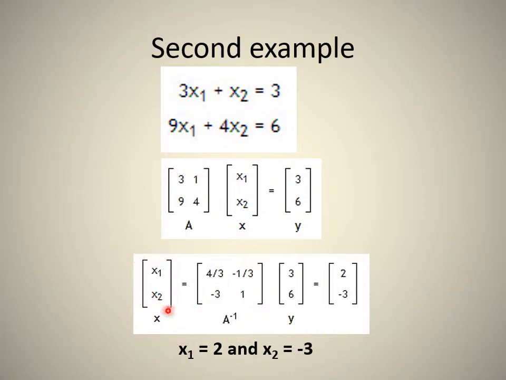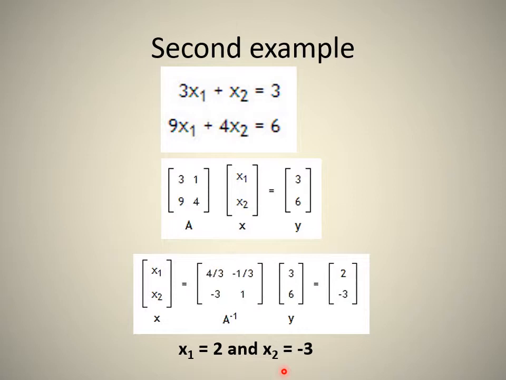So our left hand side is our column vector of x1 and x2, the column vector of unknowns. On the right hand side we have the inverse of our coefficient matrix multiplied by the right hand side of our equations, and we end up with the answer for our unknowns, 2 and minus 3. So x1 will be 2 and x2 will be minus 3.